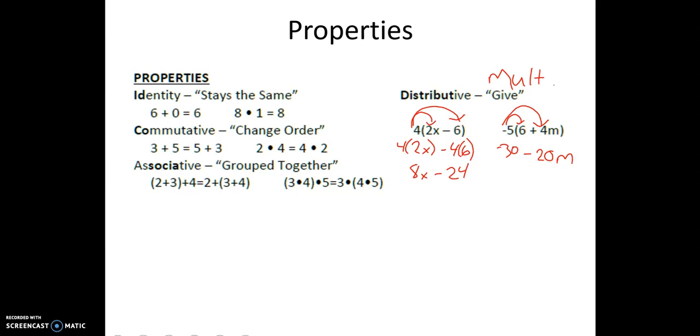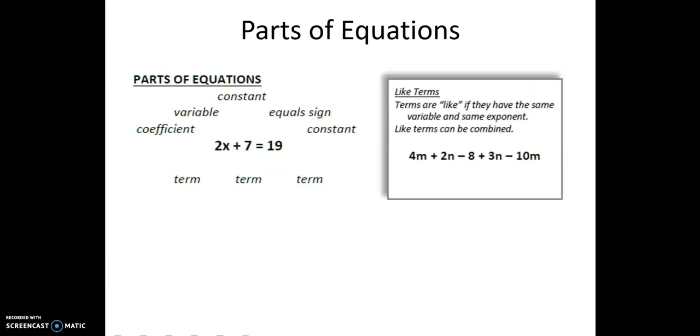Okay, parts of an equation. So we're just going to label our parts. So the coefficient is the number that is in front of the variable. Then our variable is the x. Our constant is the number without a variable.